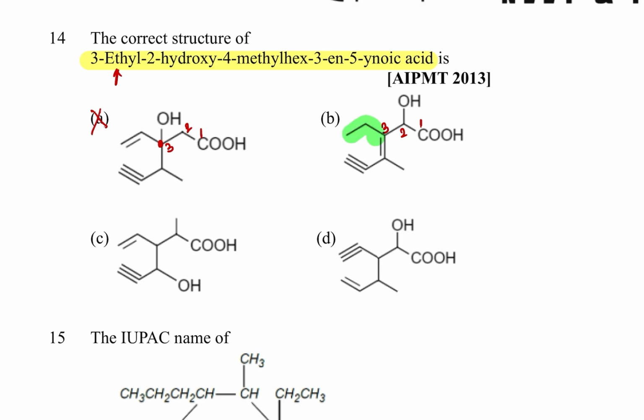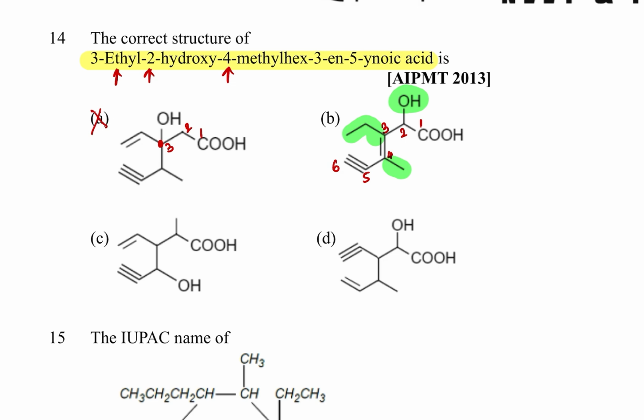Next, 2-hydroxy. Do we see any hydroxy group present here at the second position? Yes, we see. Next, at the fourth, we need to see methyl group is there or not. So if this is 3, this should be 4. Do we see any methyl group at the fourth? Yes, we see. Done. Next, this is 5 and this is 6.